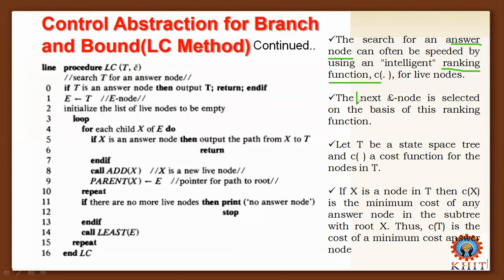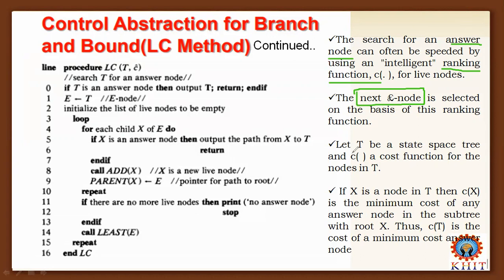You need to identify which one is the next E node. Once the next E node is identified, then only you are able to find the ranking function. Based on the ranking function, the minimum cost of the path is considered to get the answer node.